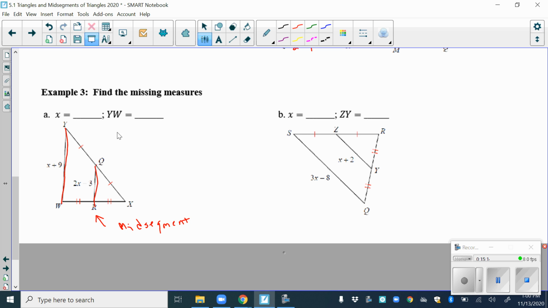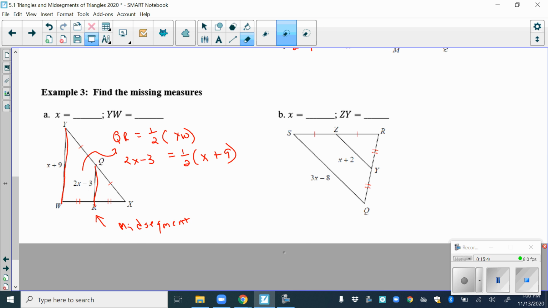So my equation is going to be QR equals 1/2 of YW. All right, QR is 2x minus 3, so I'm going to put that in there for QR. That will equal 1/2 of YW, which is x plus 9.